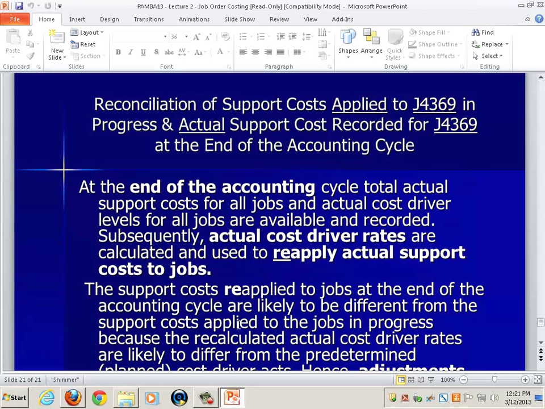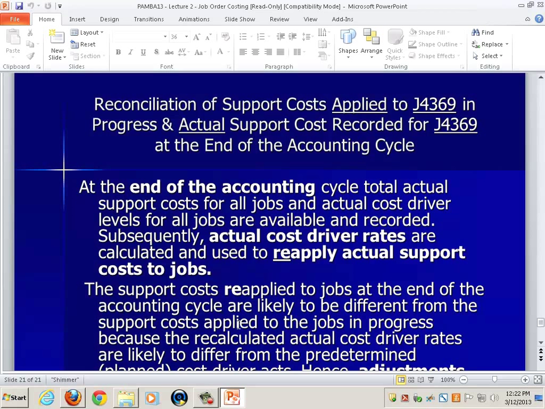Remember, when we deliver the 290 units and we're going to deliver another 150 units, we used a hybrid: actual cost driver rates times estimated allocation. Now we will have the actual numbers, and we'll compare the actual numbers to the allocated indirect costs, and we will calculate the differences and do a reconciliation.